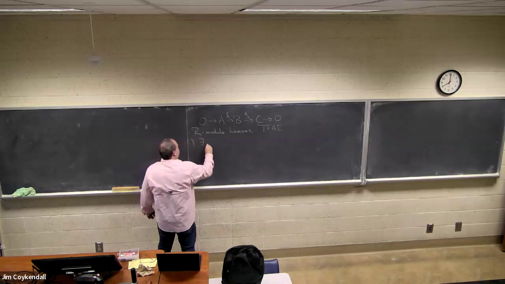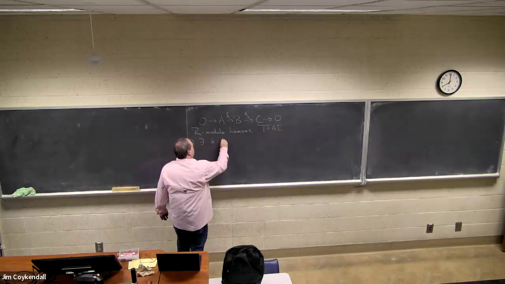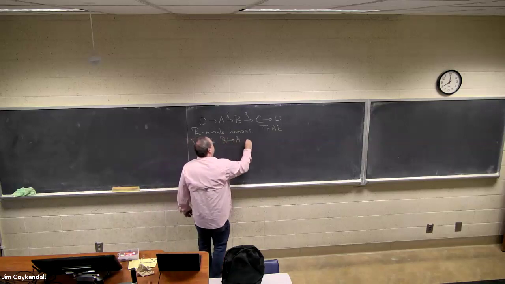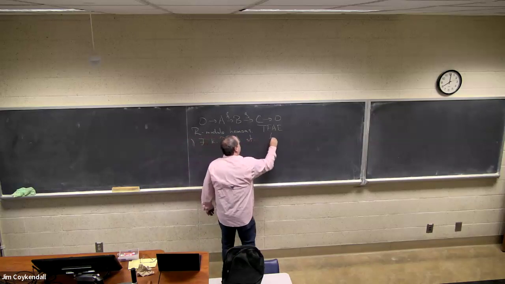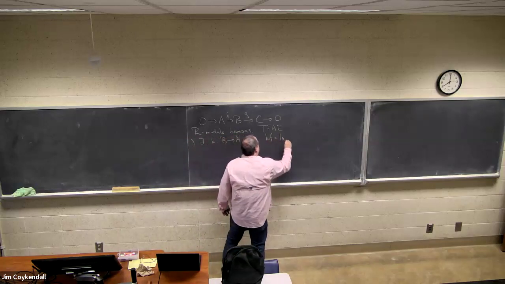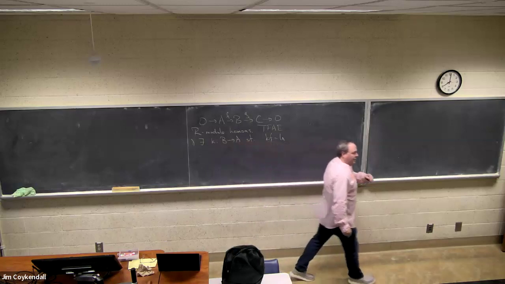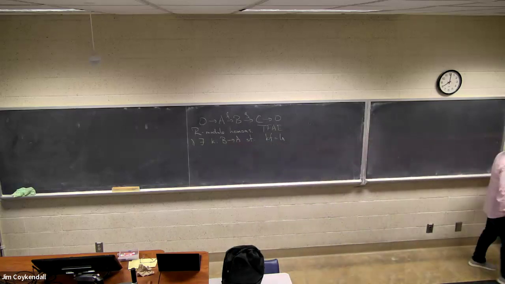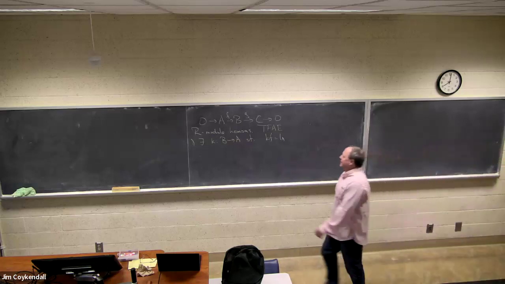One, there exists an arrow from B to A, such that KF is the identity on A.